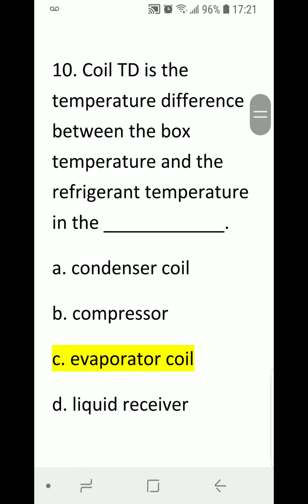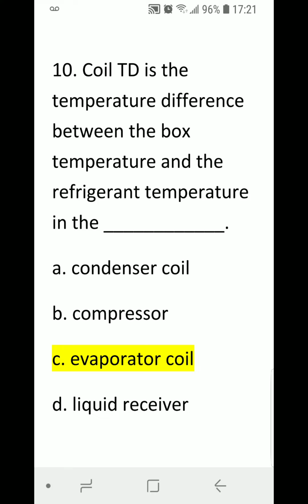Number 10. Coil TD, coil temperature difference, is the temperature difference between the box temperature and the refrigerant temperature in the blank: condenser coil, compressor, evaporator coil, or liquid receiver.